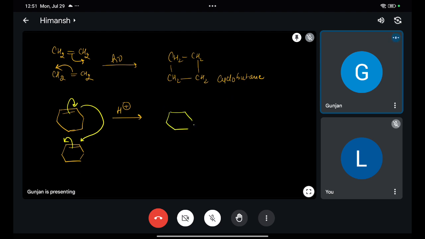So we are having this type of structure. Over this carbon is a positive charge. This carbon got a negative charge. That negative is attacked on this another carbon. This carbon got an attachment by the ring, and this neighboring carbon got a negative charge.